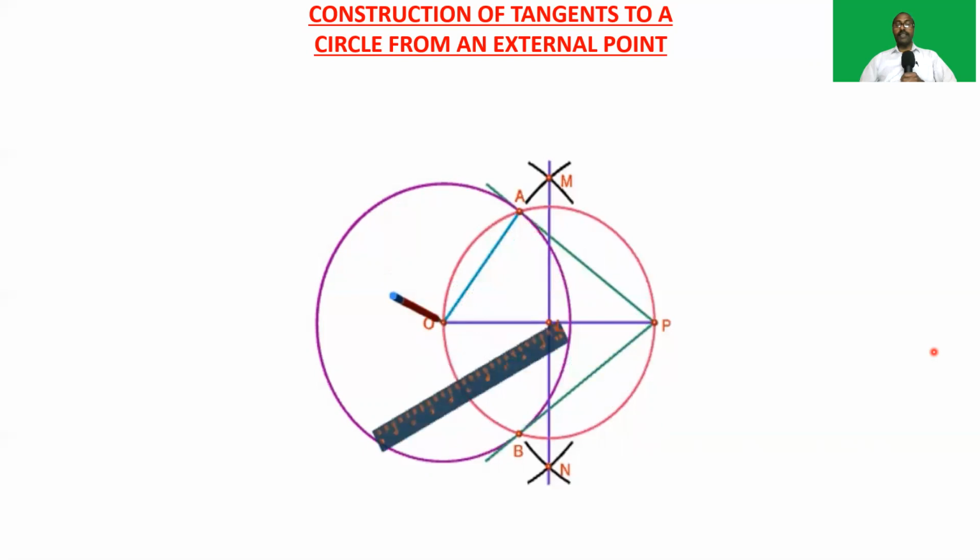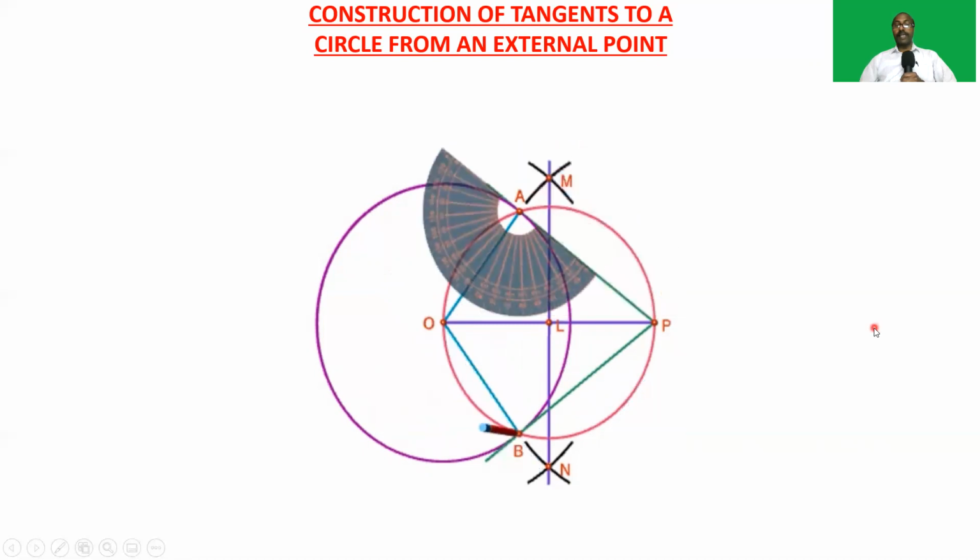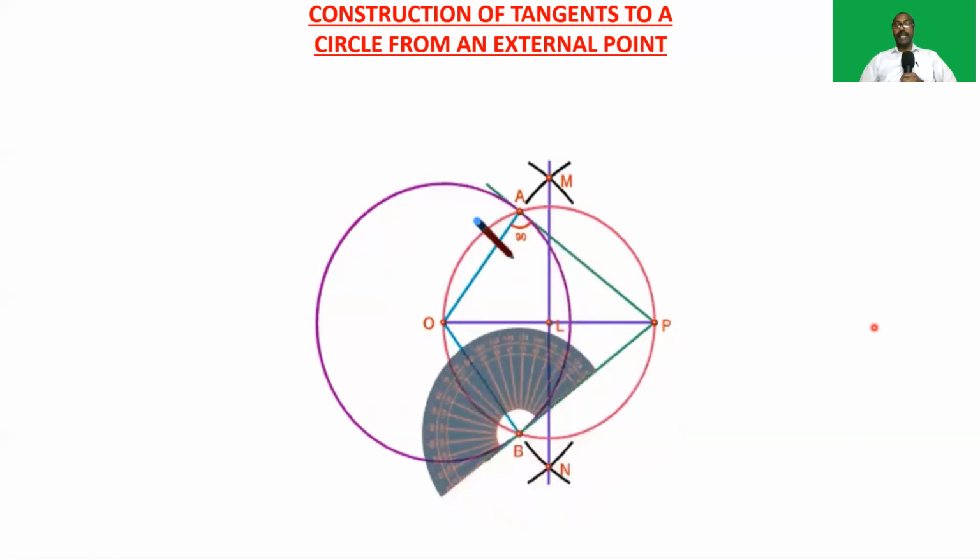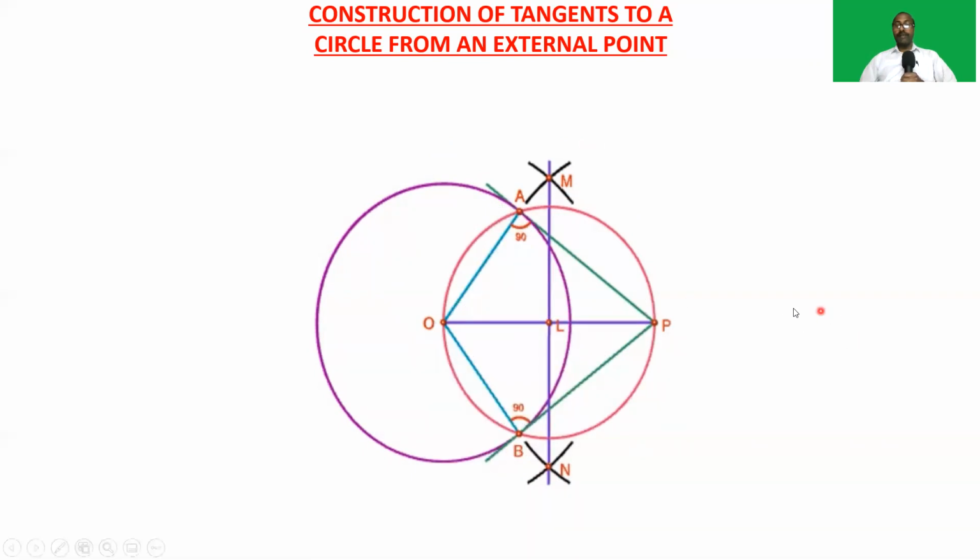No need to join these two, OA and OB, but here we are proving a result that angle OAP is equal to 90 degrees and angle OBP is equal to 90 degrees. From this we can see that the radius at the point of contact is perpendicular to the tangent.